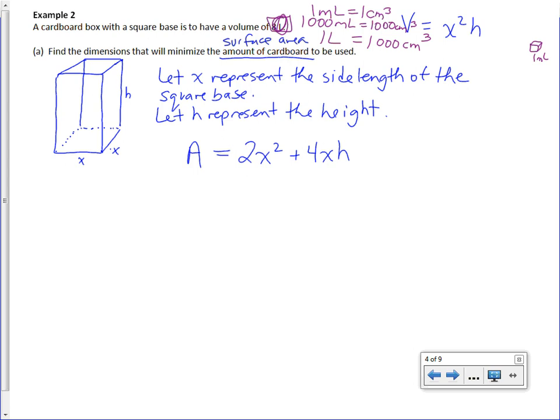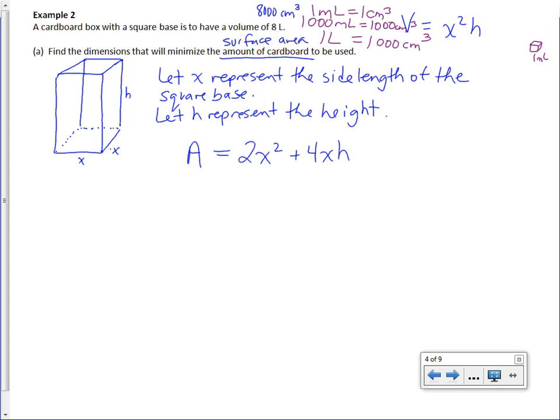Yes? Are we okay? Okay. So that being said, if it's an 8-liter container, an 8-liter container is really how many centimeters cubed? 8,000. So 8 liters is 8,000 centimeters cubed.